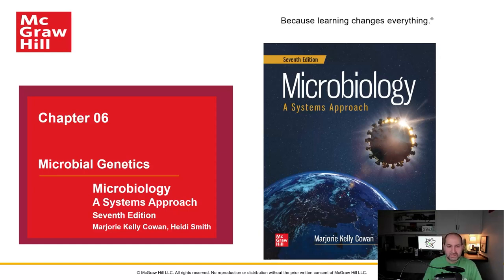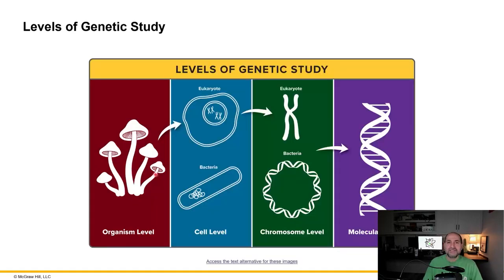Here we're going to be looking at the genetics of microbes, looking at mainly the circular DNA of bacteria and looking at differences between prokaryotic and eukaryotic DNA. Again, remember that eukaryotes and prokaryotes possess chromosomal DNA.